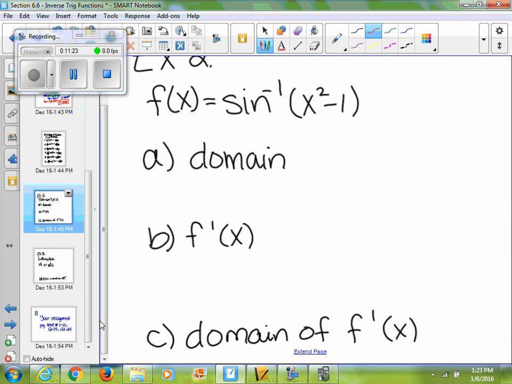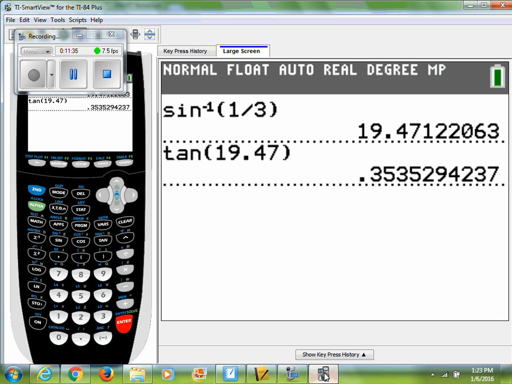Okay, so domain refers to your eligible x values of your graph, the x values that your graph touches. So if I look at the inverse sine function of x squared minus 1, I'm going to graph that and see what my x values are.